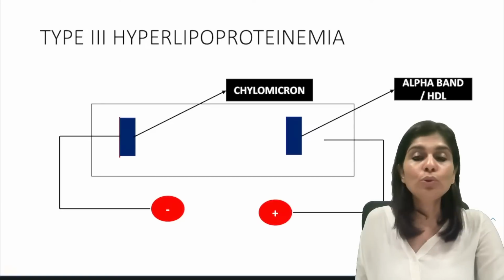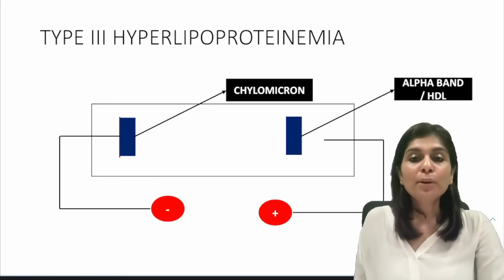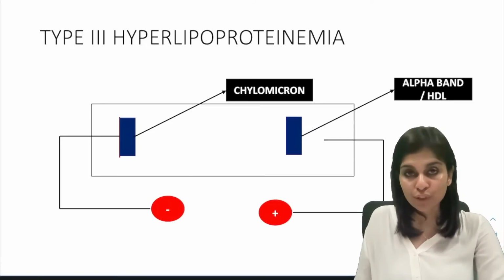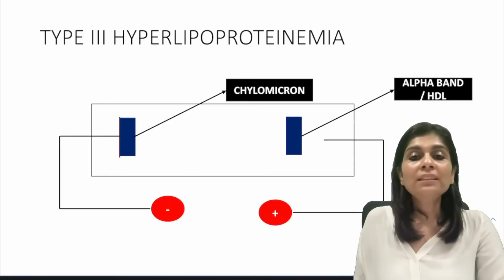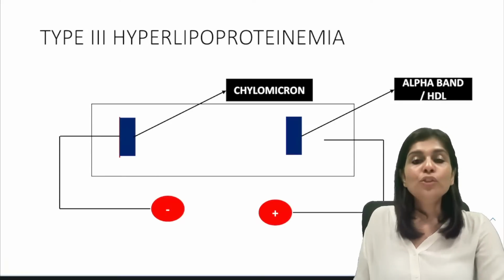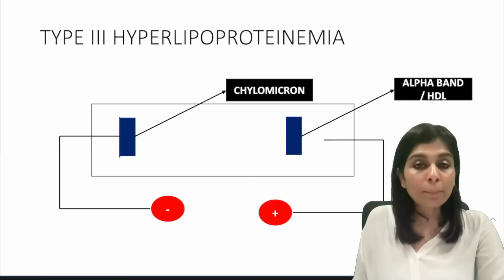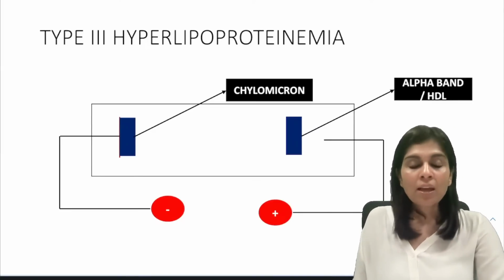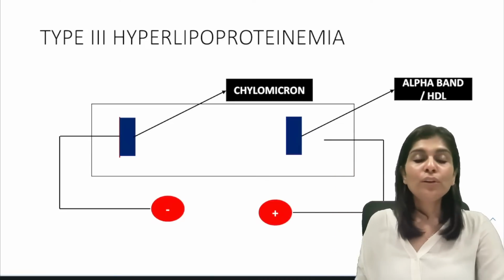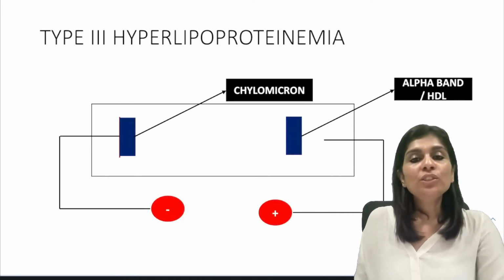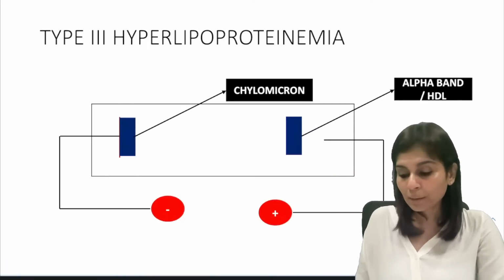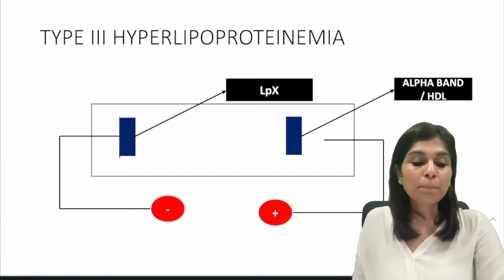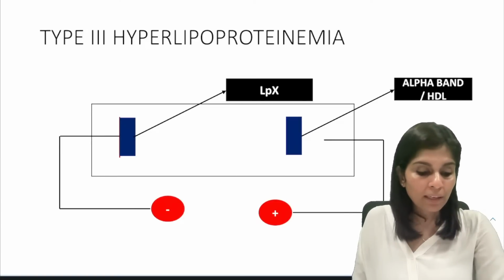Usually you don't see it because you are supposed to run a fasting sample, and chylomicron is a product of dietary triacylglycerol. So when you run a fasting sample of a normal individual, you will not see a band at the point of application. But if you do, you should suspect lipoprotein X. When you run a fasting sample and see a band at the point of application, what is it?